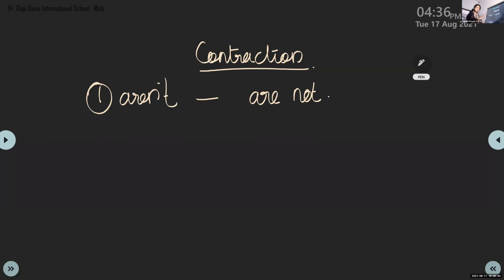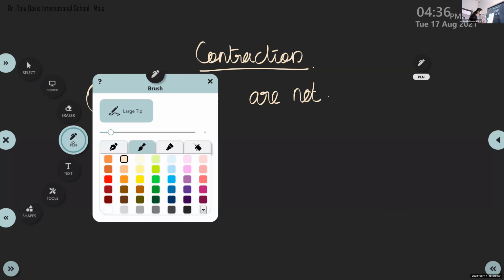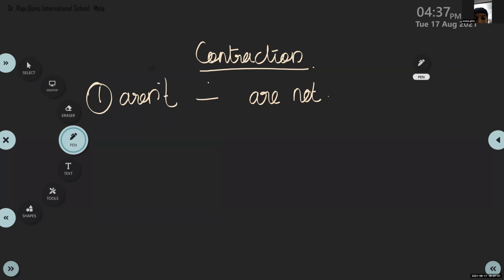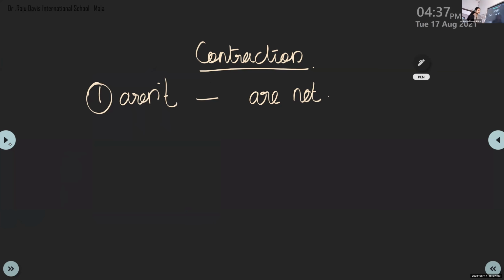One that we are discussing right now, where letters get replaced with an apostrophe. So first example: which letters got replaced with an apostrophe? Aren't is a contraction of are not.